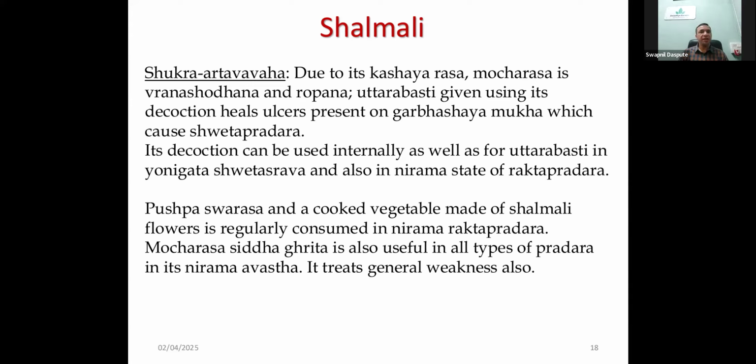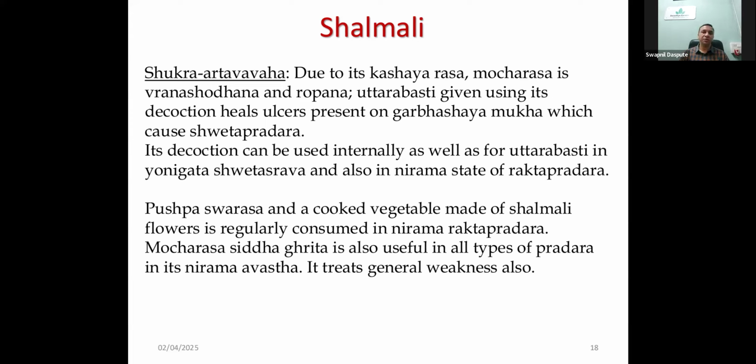Pushpa Swarasa and a cooked vegetable of Shalmali flowers. And this is a bit different. Shalmali flowers, fresh flowers, if they are available, then those can be cooked as a vegetable and consumed. You can tell a patient of Rakta Pradara.